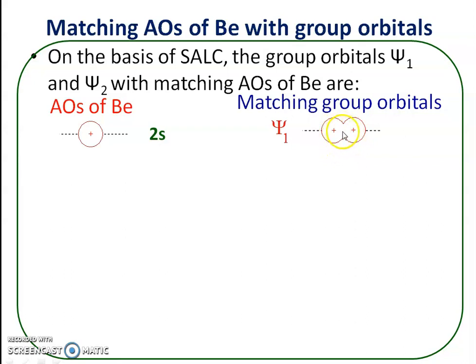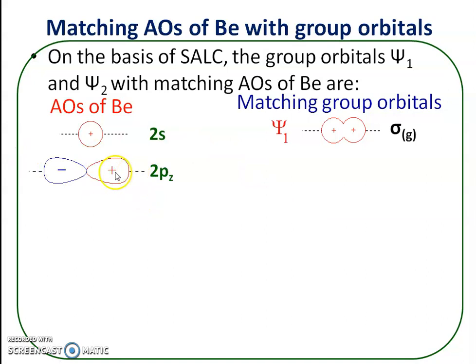Here there are two positive lobes oriented along the internuclear axis, and when the 2s atomic orbital tries to overlap with the psi 1 group orbital, overlapping is possible along the internuclear axis and their wave functions are also the same, and therefore this is the matching group orbital. So this 2s atomic orbital of beryllium matches with the psi 1 group orbital and it is sigma gerade.